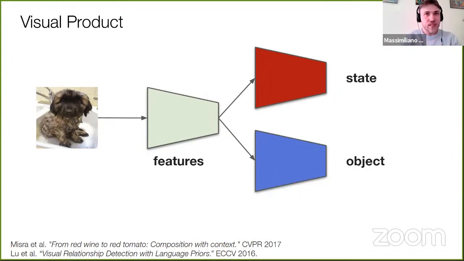Obviously, this is, as I said, a straightforward approach, but it doesn't model the fact that state and object depend on each other, as we have seen before with how, for instance, wet modifies a cat or a car, and similarly for ripe, banana, and tomato. This treats state and object independently.